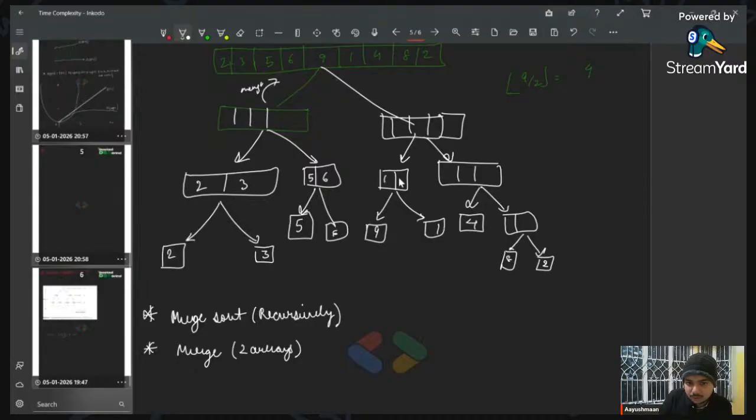And here we see 8 and 2, so we get 2 and 8. When we merge this, actually we get 2 4 8, okay. Now when we merge this we get 2 3 5 6. When we merge this we get 1 9 2 4 8.